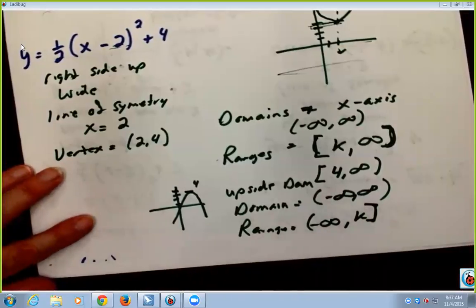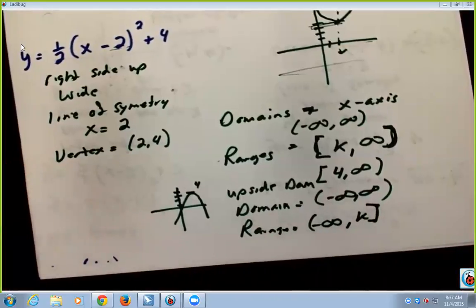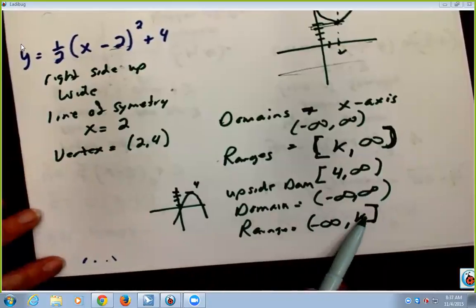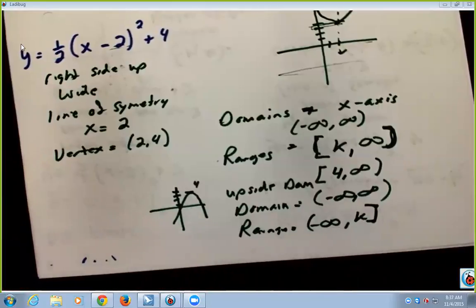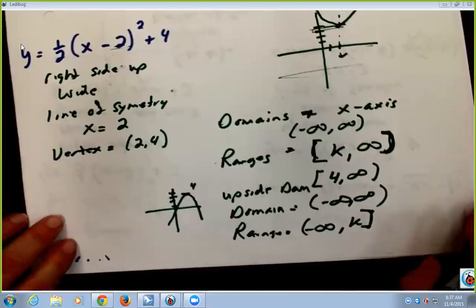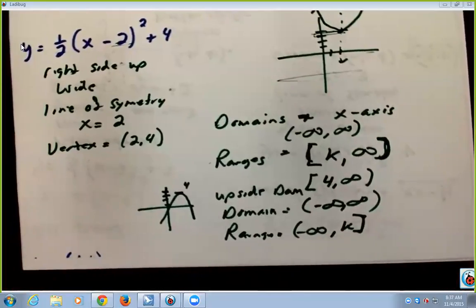And there'll be a bracket out here because it can be K. So if it's an upside down one, it just changes your range. You're going to see stuff at the bottom, so it goes from negative infinity to what K happens to be. And so you get some differences between domains and ranges when you look at these.